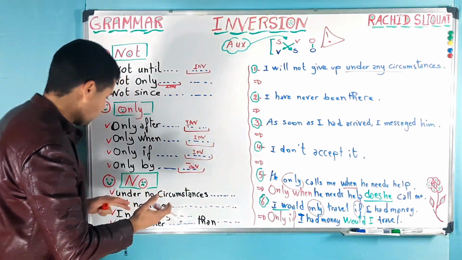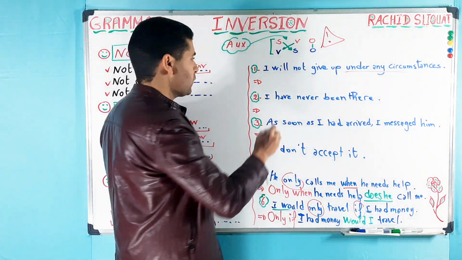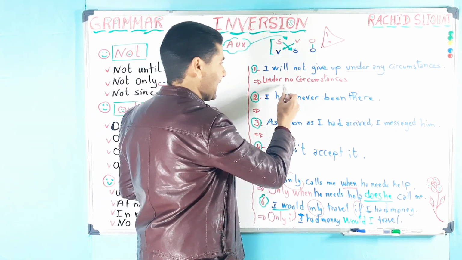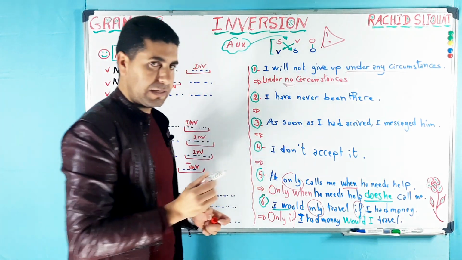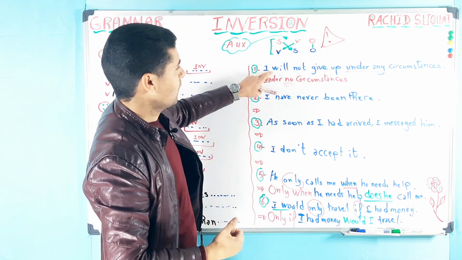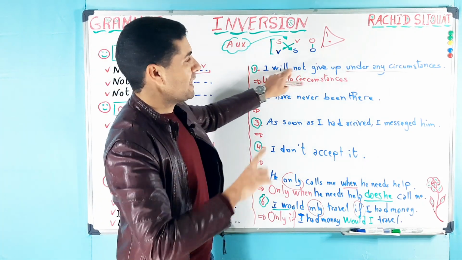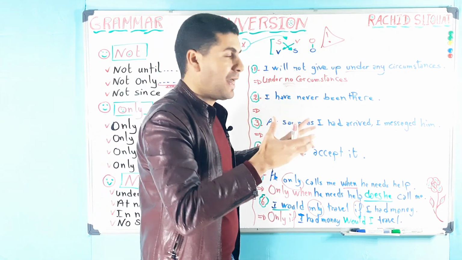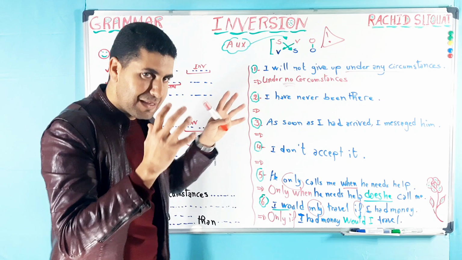So for sure we are going to start with under no circumstances, and as you can see, this expression is negative. Because the expression is negative, we are going to put the rest in affirmative.